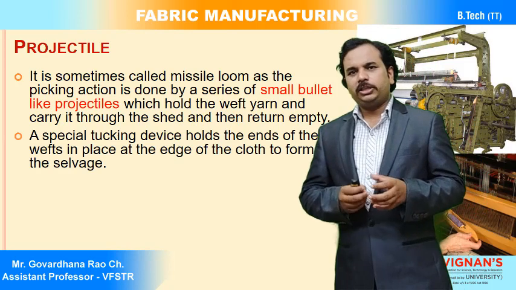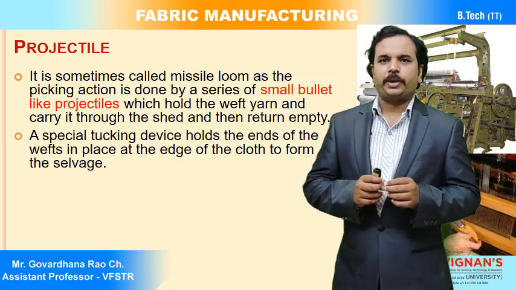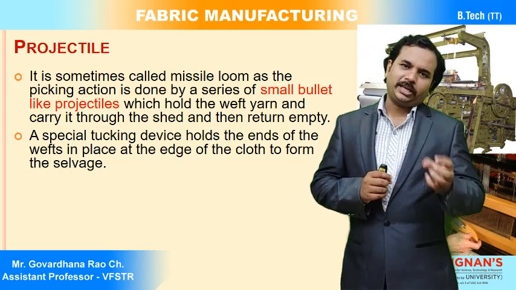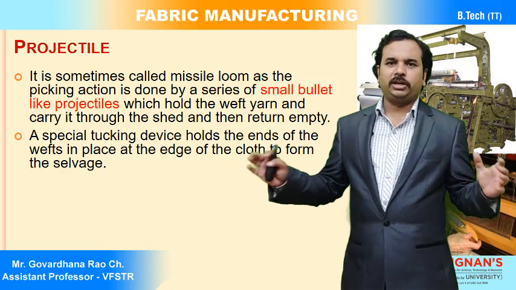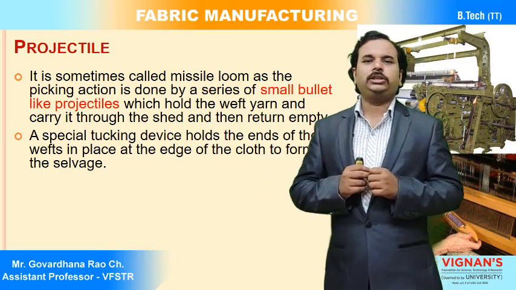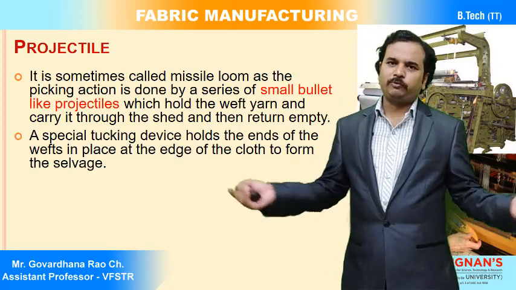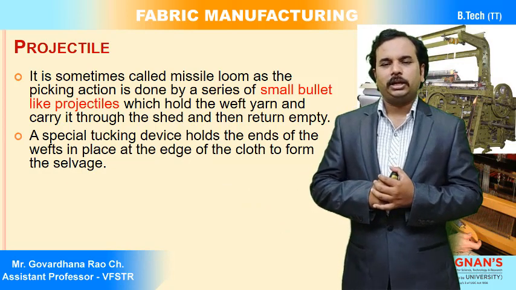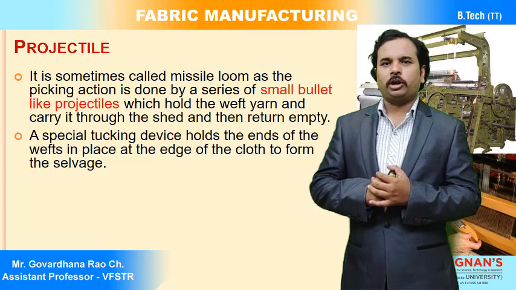Along with that, we use a special type of selvage mechanism called tucking-in selvage. There is a tucking-in device where, after the insertion, the free ends of the weft threads on both sides of the selvage are tucked in, that is, folded into the next shed, so that the free ends or fringe of the weft yarns are not visible.